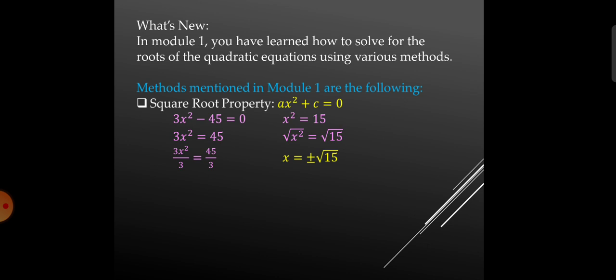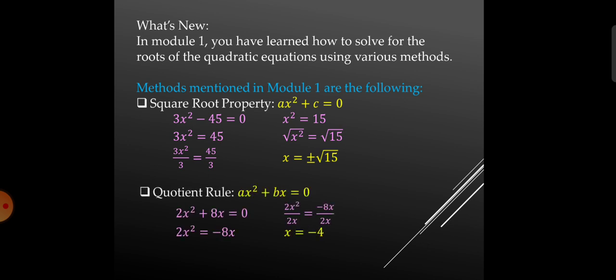Why does 15 stay inside the radical symbol? Simply because based on the previous discussion, we know that 15 is not a perfect square. The nearest perfect square is 16. So therefore, the square root of 15 is considered an irrational number.